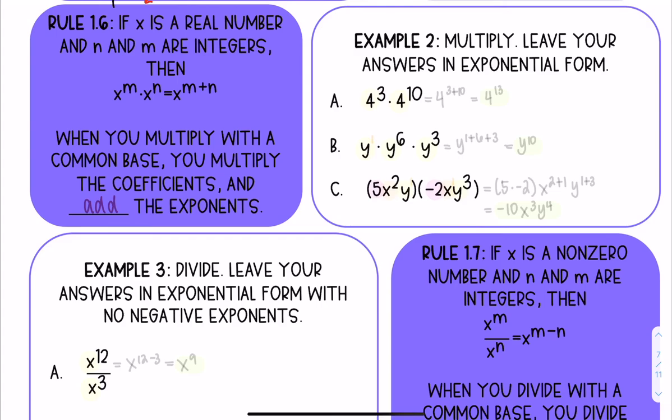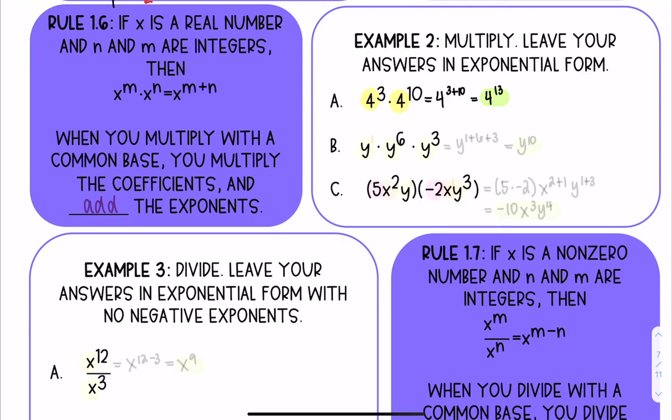We have 4 to the 3 times 4 to the 10. And so because we have the same base, a base of 4, we can just add the exponents. And so we have 4 to the 3 plus 10, but that just ends up being 4 to the 13th. And we can leave this in exponential form.